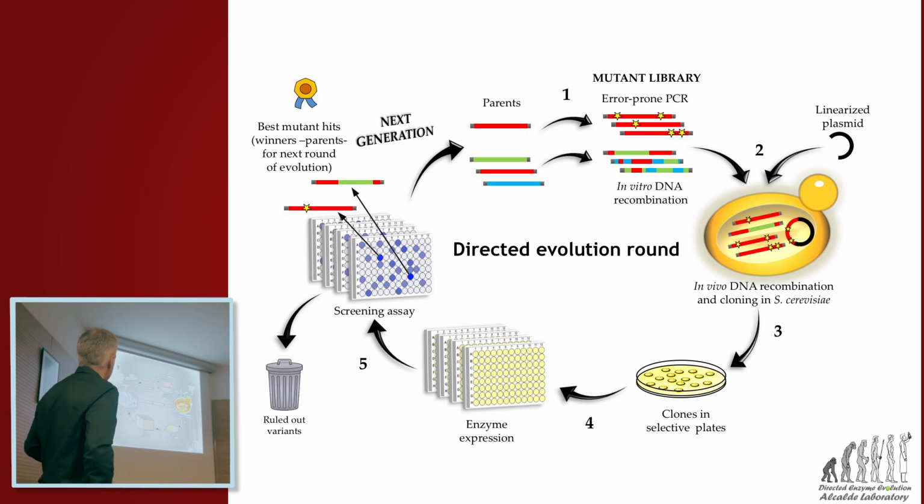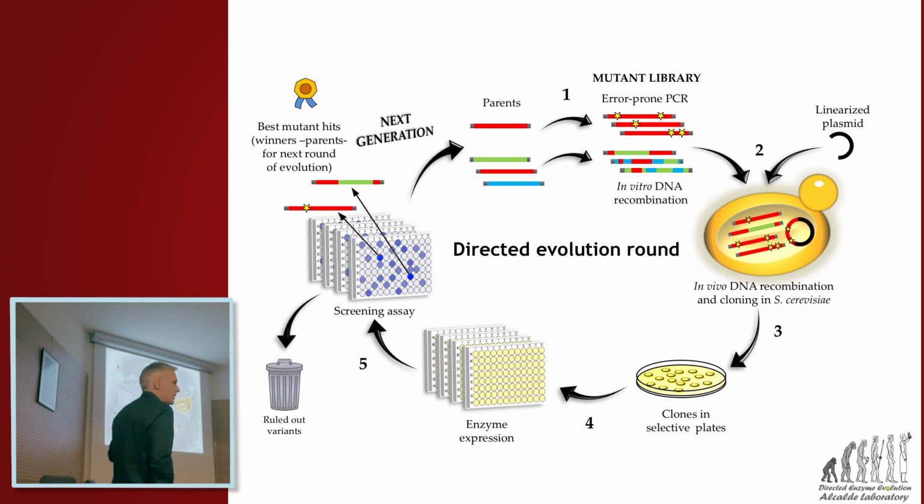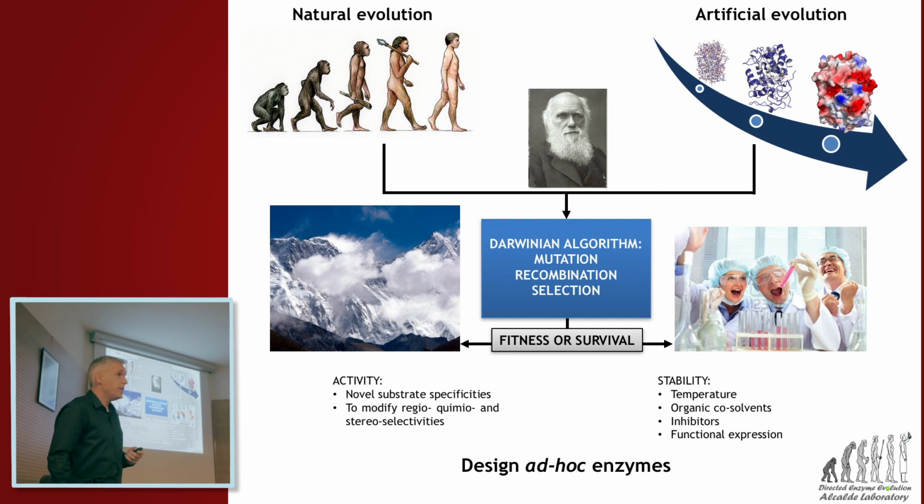And we repeat this process as many times as necessary, until we notably improve the desired trait. So basically, directed evolution is mimicking the Darwinian algorithm of mutation, recombination, and selection, so that we can enhance different properties of enzymes in terms of activities.